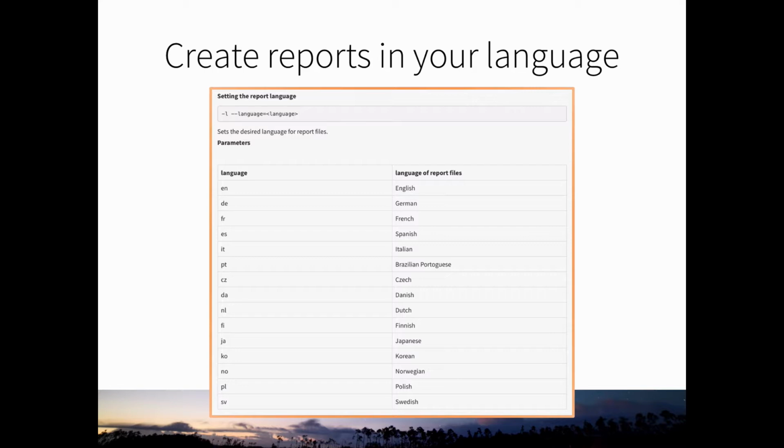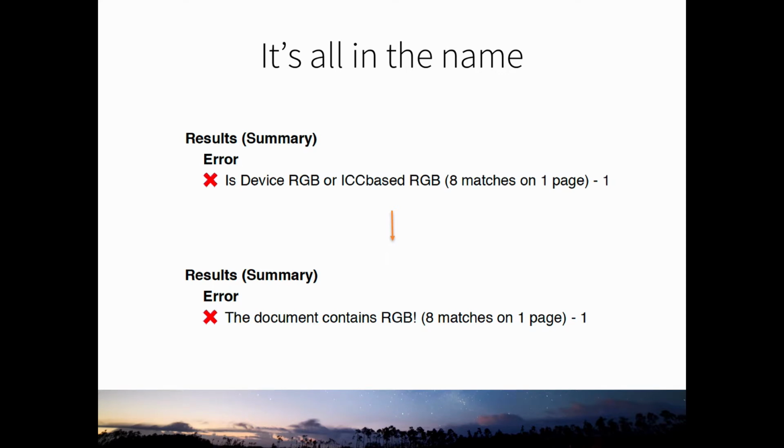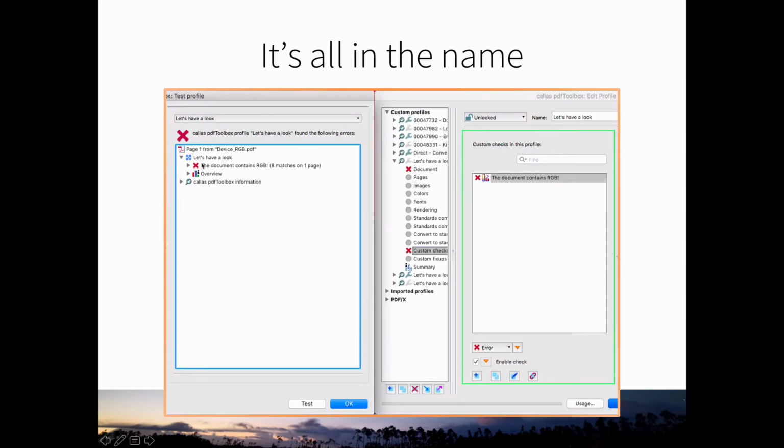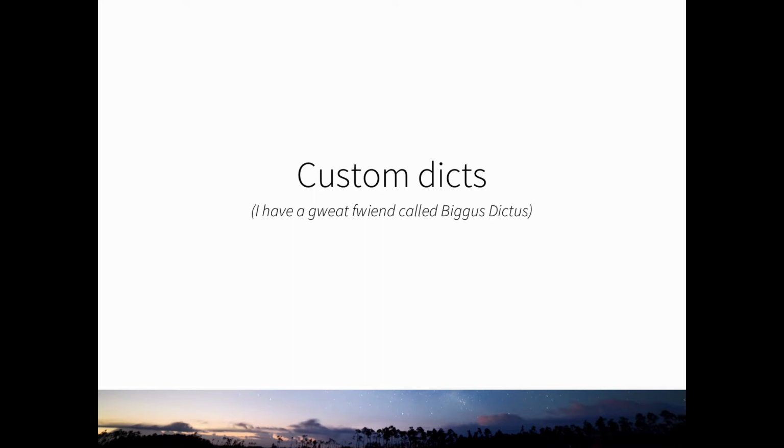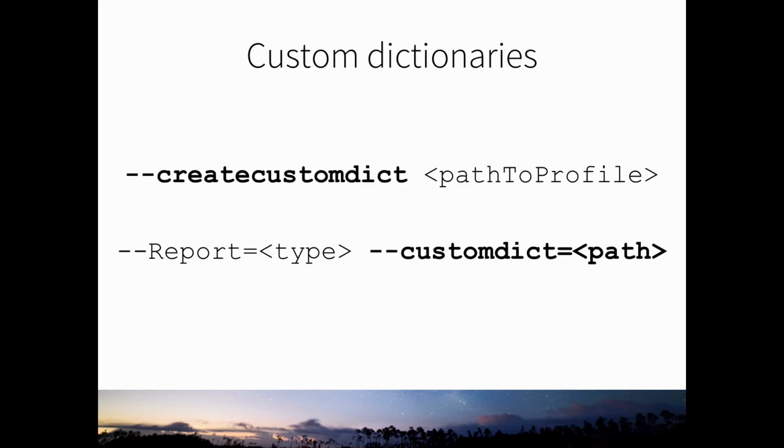And then we also saw the way checks and fixes are reported and how to make that reporting more clear by changing the name of the checks and fixes in the profile. They don't have to be cryptic and theoretical. They can be something very clear, like the document contains RGB, which will then be reflected in the report. And then at the end, we saw how to use the custom dictionaries, a new feature. There is also a page on the help.callassoftware.com website about the custom dictionaries and how they are used, where you can find a little bit more information than you see on this slide.